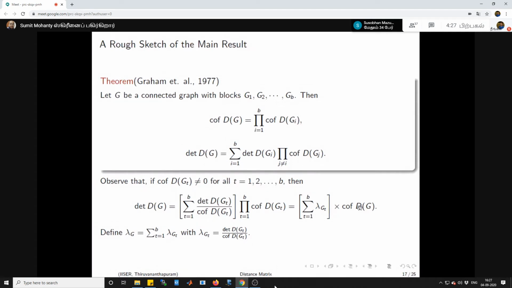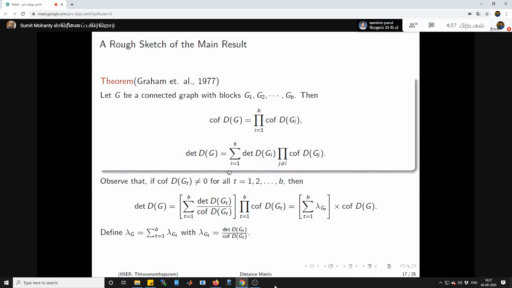Because of this result, this is nothing but the cofactor of the whole of G. So each of the entries corresponds to exactly one block, and this is our lambda G for each individual block, and the lambda G for the whole graph is the summation of the lambda G.